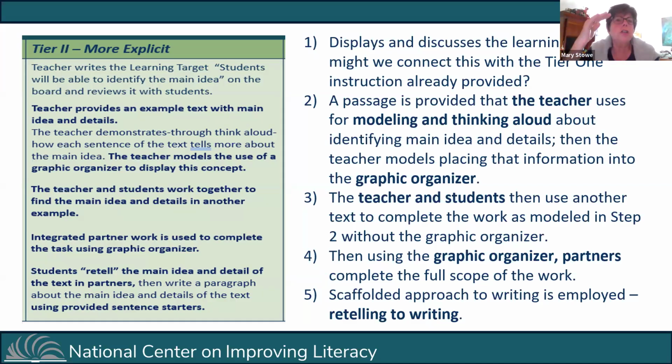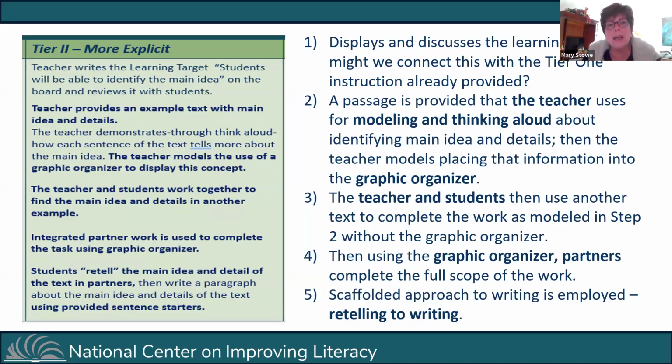Okay, so the teacher has modeled very explicitly. The teacher has done this work again with the students, so the we do portion, before the teacher has ever let loose the students on the graphic organizers with partners. And partners is still that we do piece.